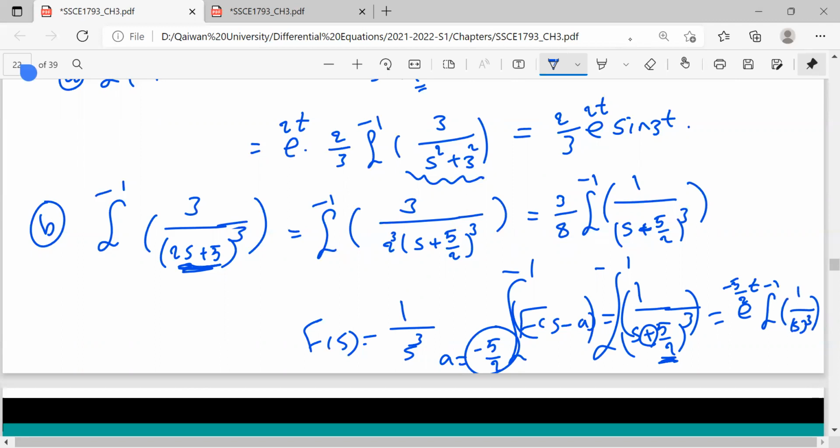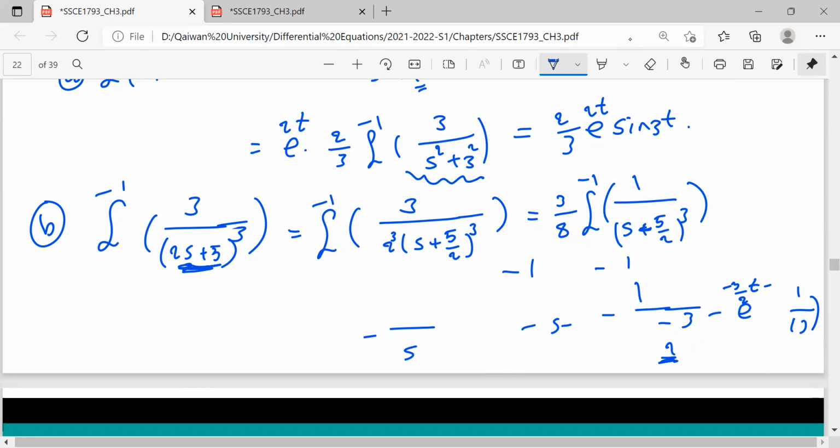This n plus 1 is 3. How about n? N is 2. So we must have n factorial above. We multiply it by 2 and divide it by 2. You get the result. This is for yourselves, okay? It's only the idea for solving it. Try to finish it by yourselves. It's easy.